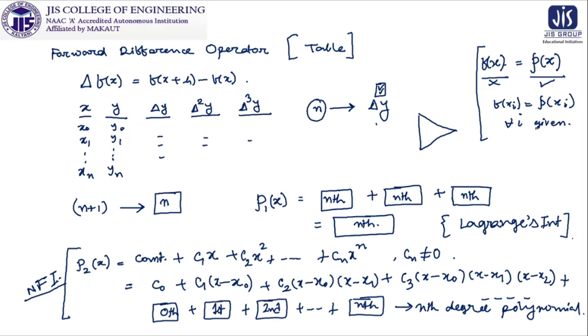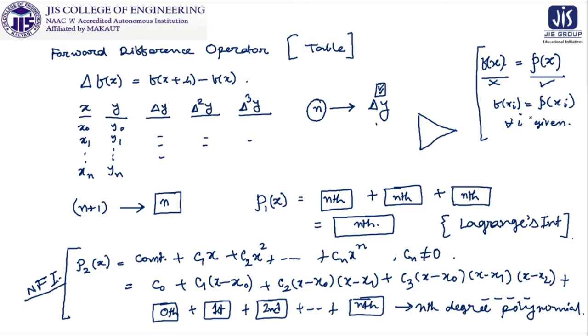That means if you have x0, x1, x2, x3, x4 and correspondingly y0, y1, y2, y3, y4, or rather f of x0, f of x1, f of x2, f of x3, f of x4, these 5 values have to be exactly the same if I calculate those 5 values through my interpolating polynomial.